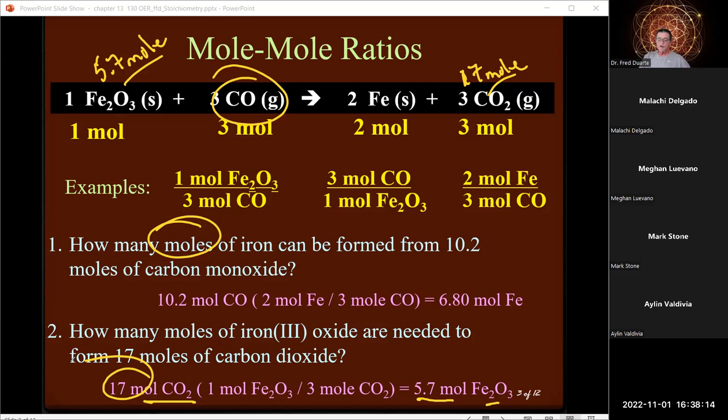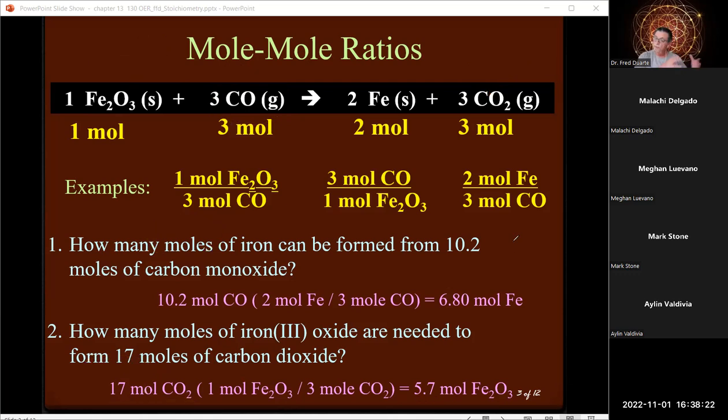We take what we measure in weight, and then we convert that to moles. Okay. So the next step logically will be to work with grams, convert that to moles, and then get to the moles that you're looking for via the stoichiometric relationship. And then once you get that, convert that to grams.